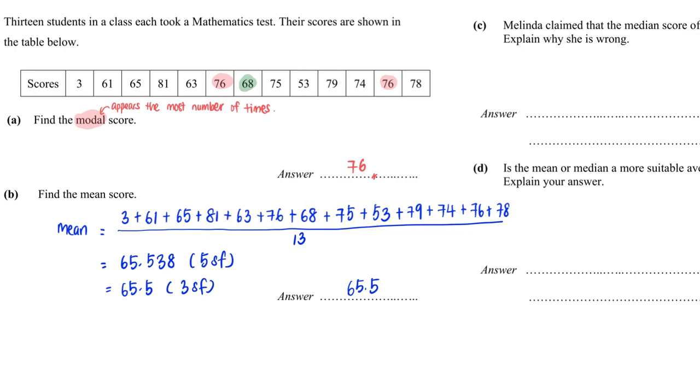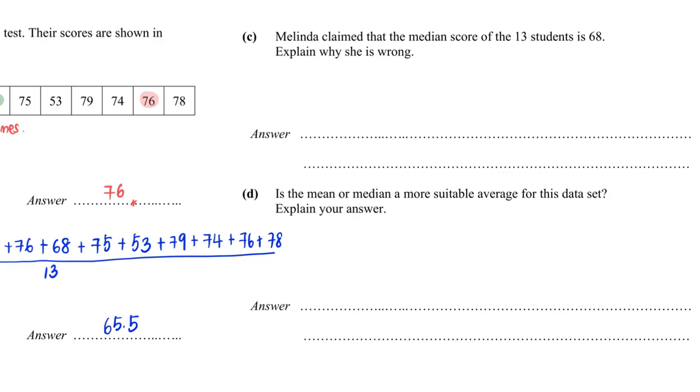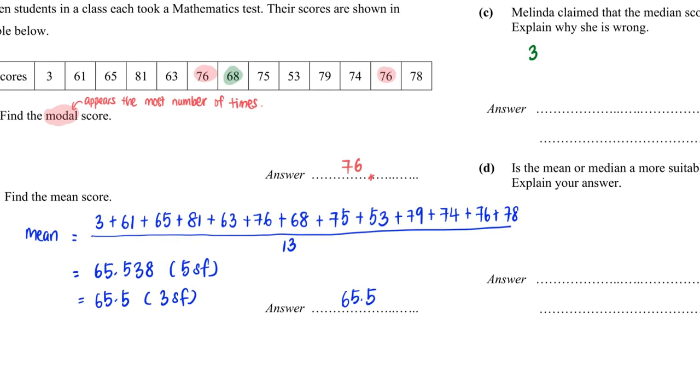Okay? So to answer this question completely, other than telling people that she did not arrange the scores in ascending order, we should also rearrange and find the median score. So now this is 3, 53. Let's continue. 61. And the next number will be 63, 65.